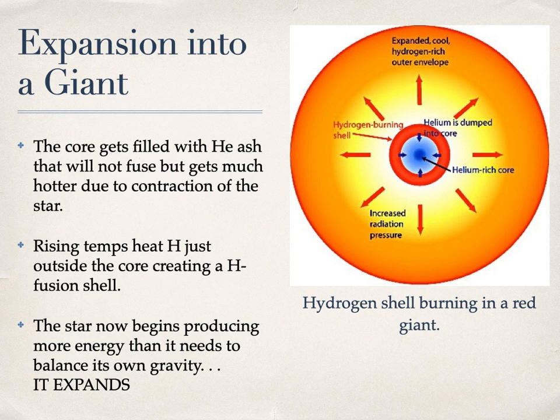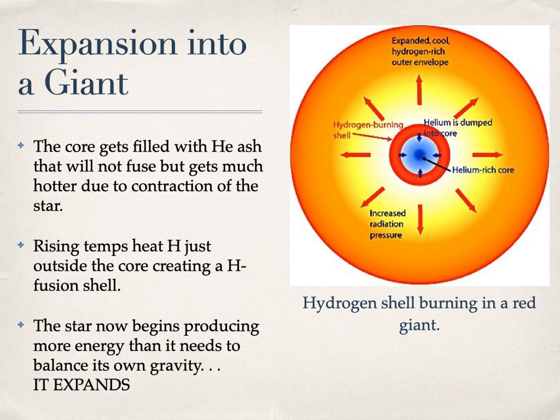Originally, hydrogen's fusing deep in the core, but after the core fills with the helium ash, hydrogen can really only continue to fuse just outside of that. So you have to look at stars kind of like onions, like ogres, right? There's layer after layer inside of a star, and different things are happening in different layers.